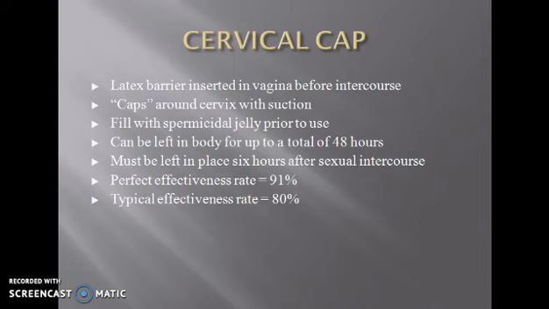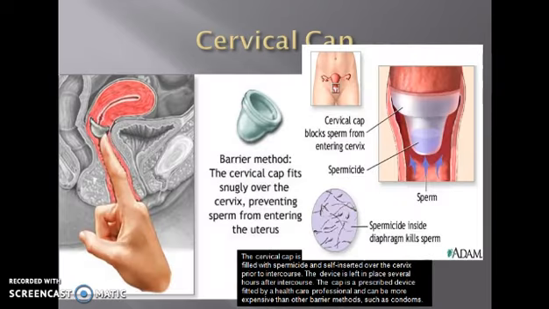The perfect effectiveness rate is 91%, but typical effectiveness rate is 80%. So that's cervical cap. This is how it looks. You look at it, it is a barrier method. You can fix it to cover the edge of the cervix.